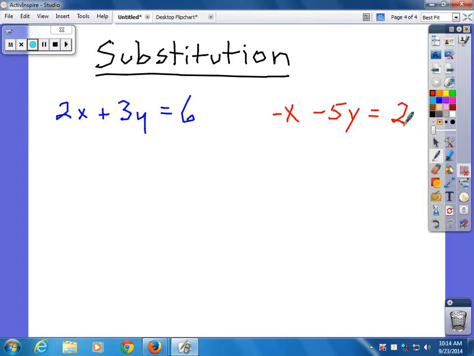All right. What do you want to do with substitution? You need to solve for a what? Variable. Which one of these two would be the easiest to solve for a variable? The red one, yes. For what? X. So do that.